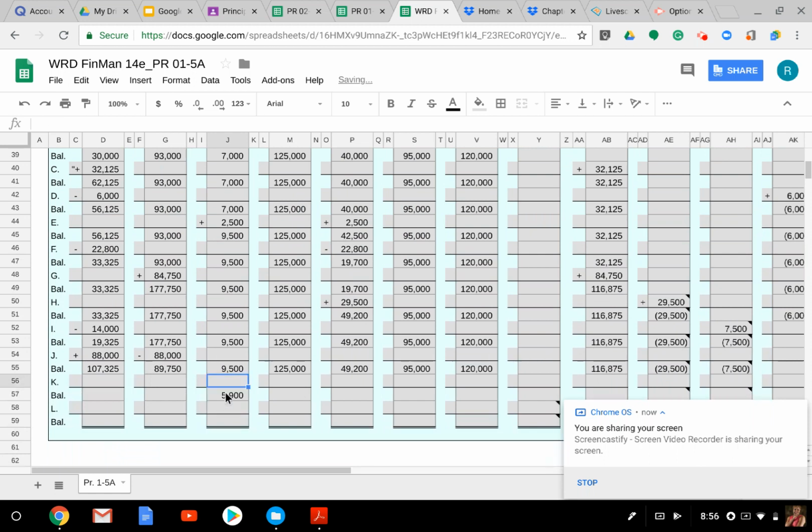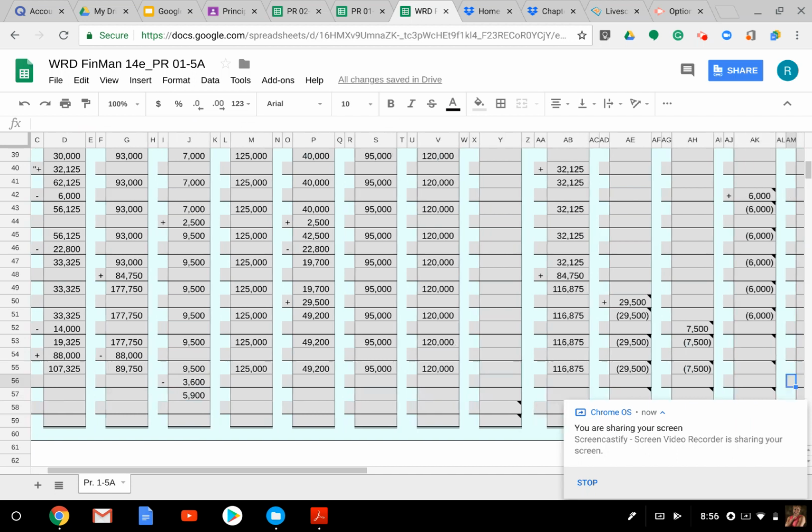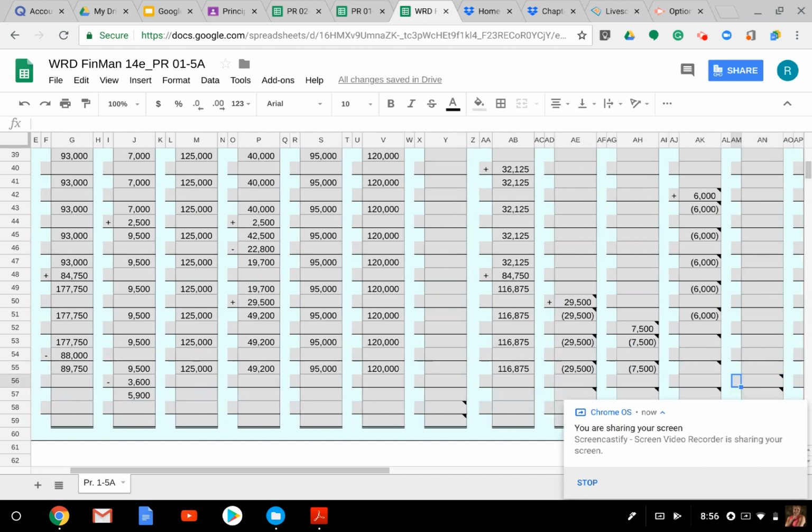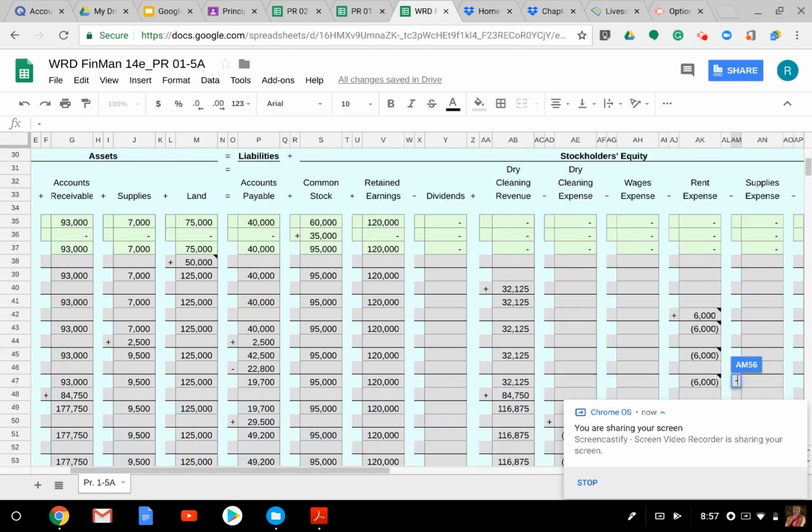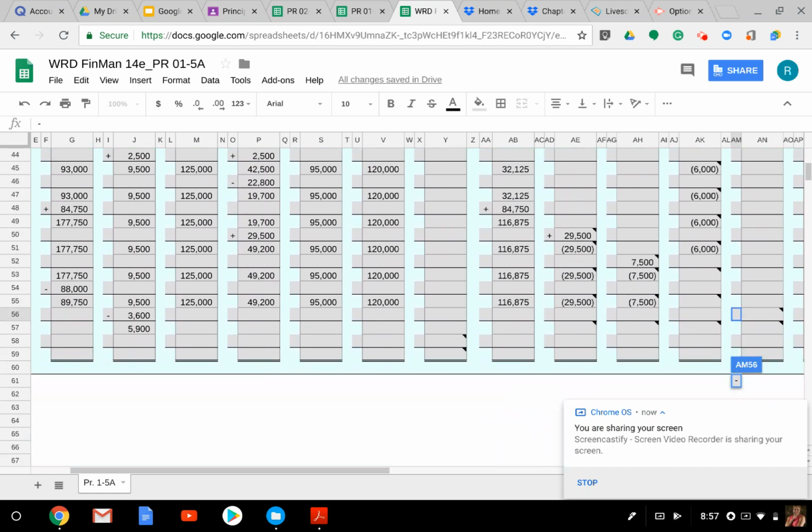So if we have a balance of 5,900 on hand, and we thought we had 9,500, that must mean we used 3,600, which is what the problem is showing us. Yeah, it doesn't like the negative, but we're going to subtract it. I want you to see. The offset to this is your supplies expense. So we have to go all the way across to the supplies account, which is here. Supplies expense, just so you know.